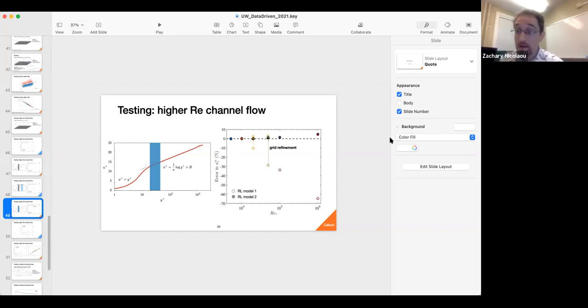Great, perfect. So next is Umesh says, what is the computational cost of your learning algorithm compared to the conventional WMLES? Yeah, so for the computational cost, you can think of it two different ways. One is to apply an already learned model. And that's extremely fast, much faster than solving an ODE at each time step, which is what the RANS-based models do.